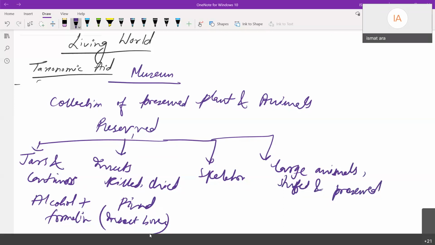Take one example of National Museum. That is National Museum of Natural History. Where is it located? Delhi.